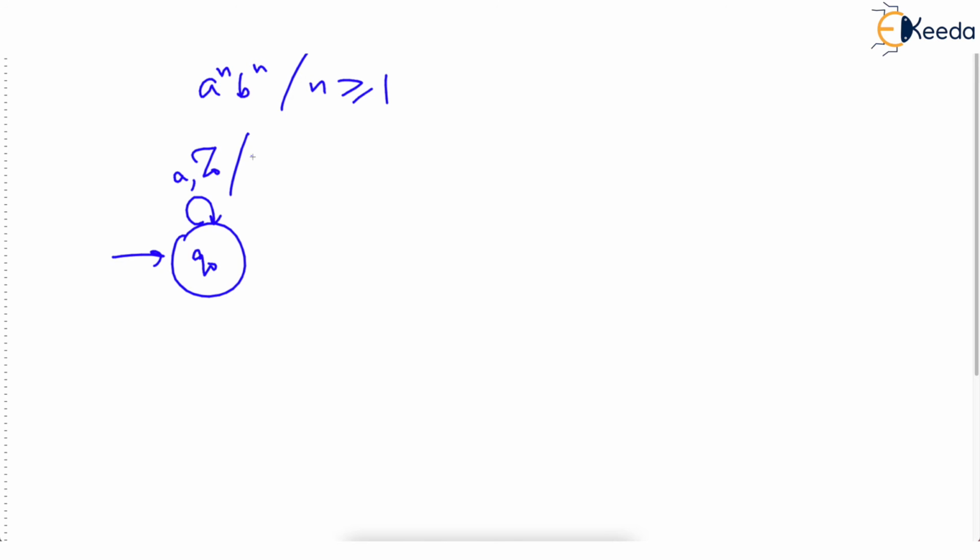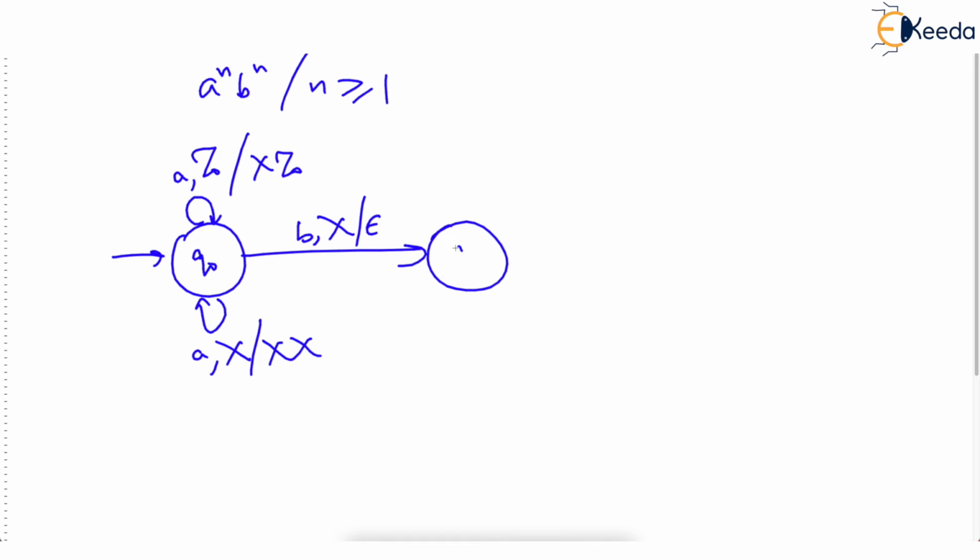Let's understand this again with the same example, a raised to n, b raised to n, such that n is greater than or equal to 1. I don't mind drawing the same PDA. For a with Z0 we push X, and for a with X, this is consecutive a, we are pushing X. But for b, the top is X, we pop.